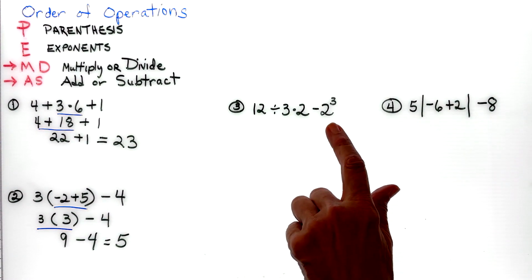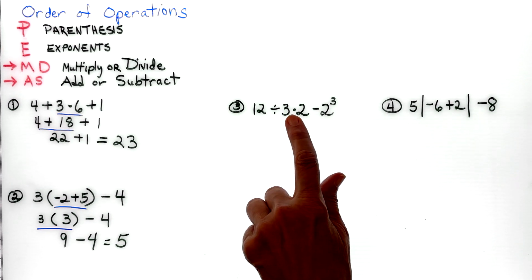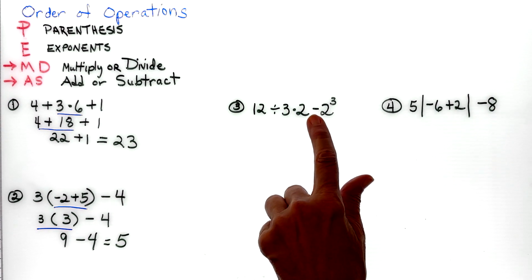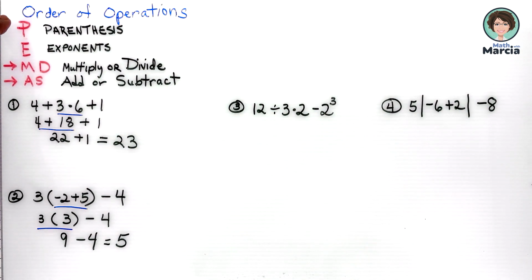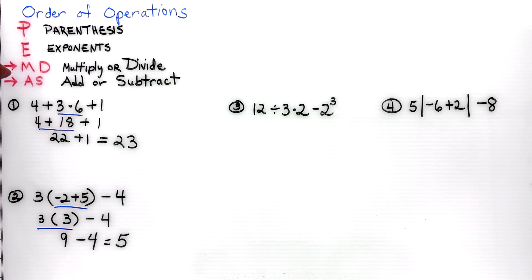In this problem, we have a division sign, a multiplication sign, a subtraction sign, and an exponent. So we need to remember to go back to our PEMDAS, or parentheses, exponents, multiply, divide, whatever comes first from left to right, and finally add and subtract.